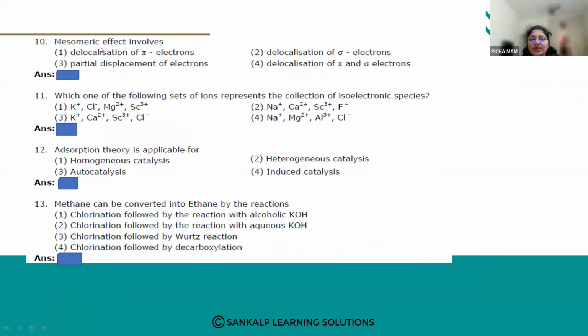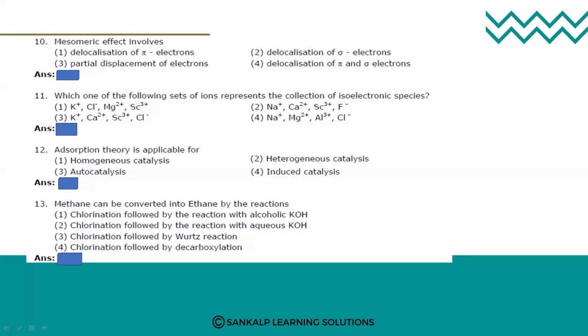Tenth one: mesomeric effect involves. What do you mean by mesomeric effect, students? This is a question from your first year, from the first chapter of basic organic chemistry.